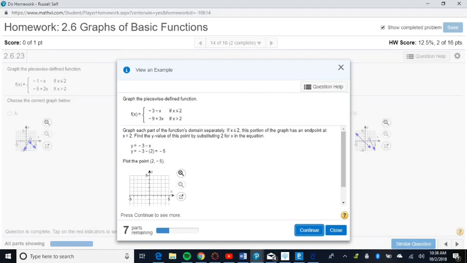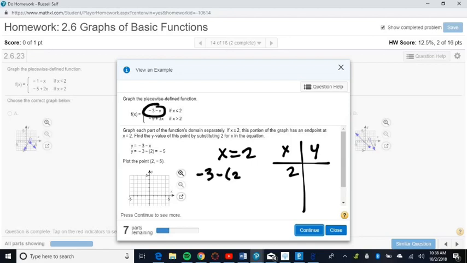So if x is 2, then plugging that into the function, there's our function. So -3 minus 2, which is -5. So there's the endpoint. It's 2, -5.